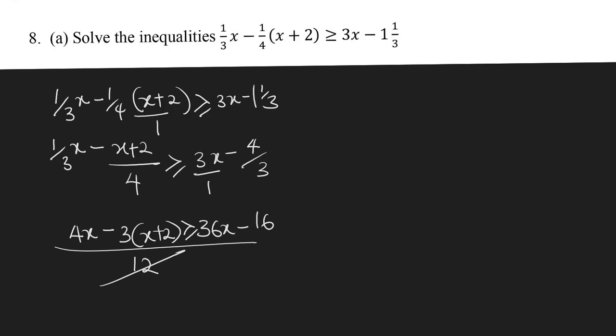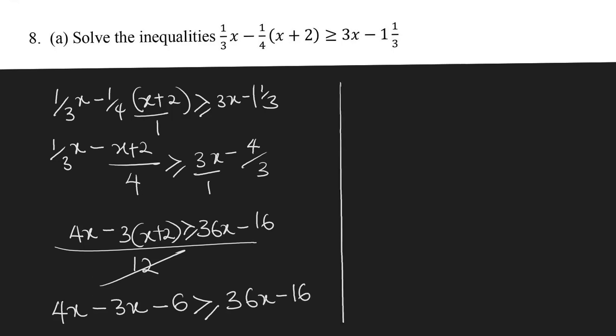So doing that, we'll have a linear equation: 4x minus 3 opening this bracket by multiplying by x and 2. So 3 times x is 3x, negative times positive is negative, so I have minus 3 times 2 is 6. Then greater or equal to 36x minus 16.